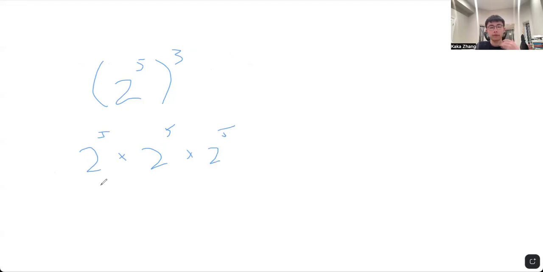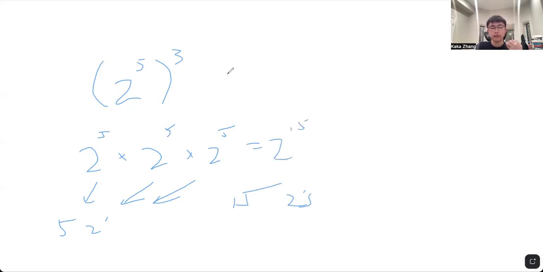And if you use the same procedure we use for multiplying exponents, you see that this is 5 2's multiplied together, and same for this, and same for this. This would give you a total of 15 2's multiplied together, or the final answer of 2 to the 15.